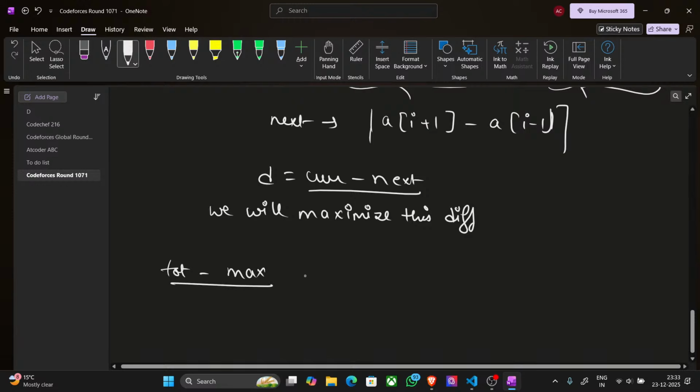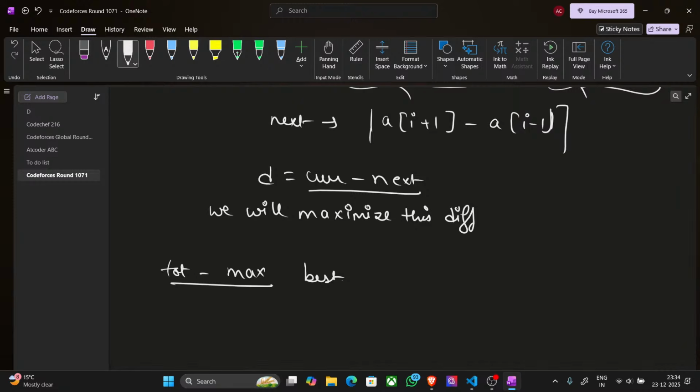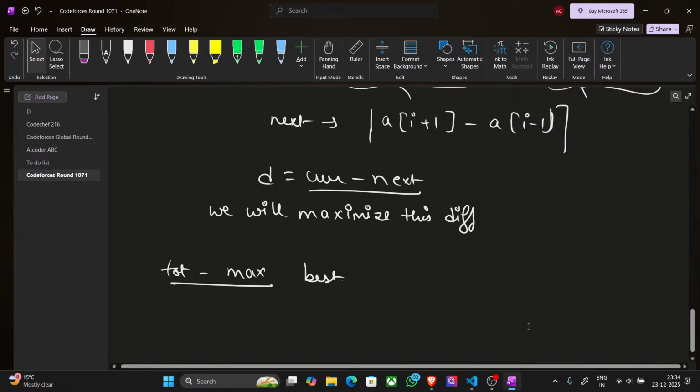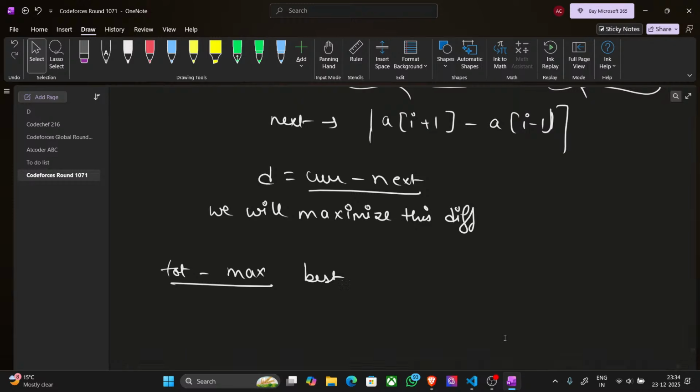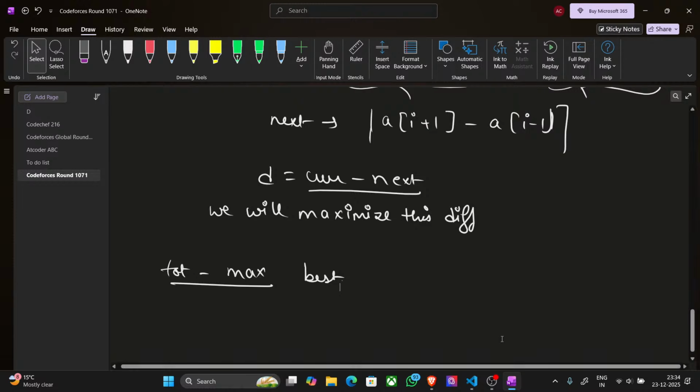This will be our best answer after that. So this is a basic implementation in greedy. You need to maximize the difference between current and next so that your answer becomes the minimum possible. So let's look at the board.